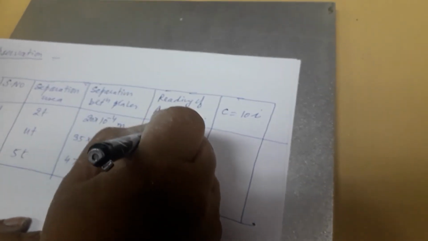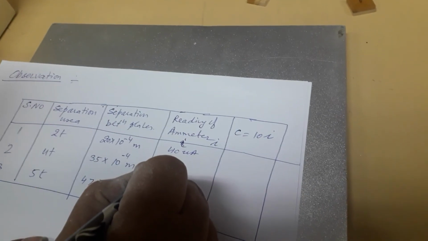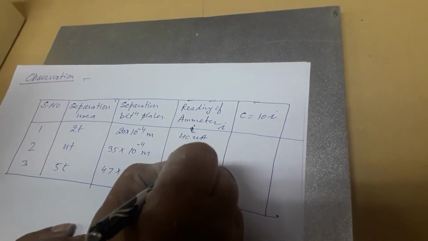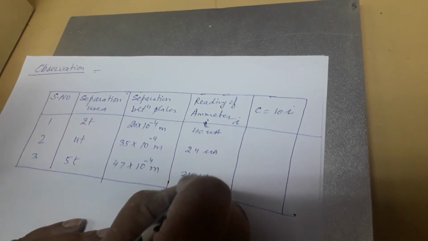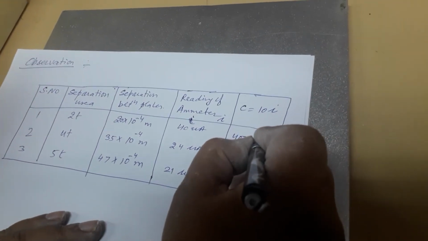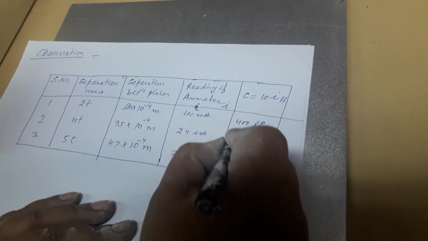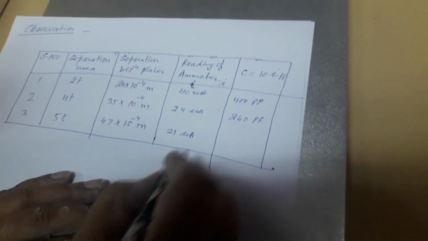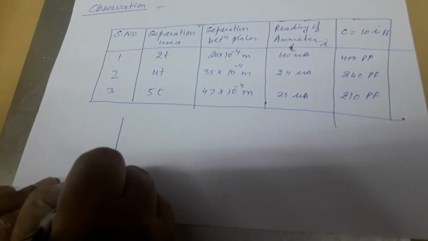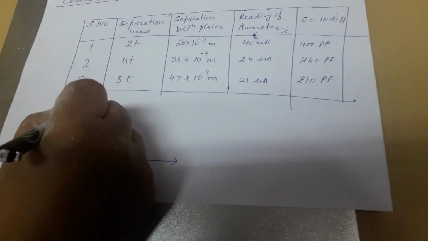These readings should be noted in this column: 41 microampere and 24 microampere and 21 microampere, and C can be calculated in picofarad: 240 picofarad, 210 picofarad.